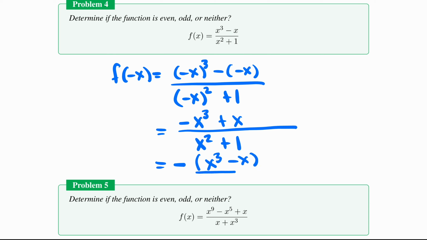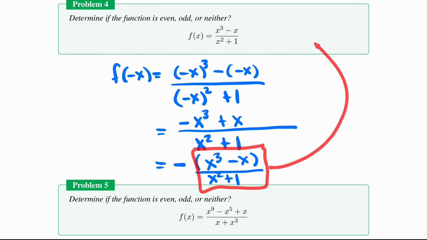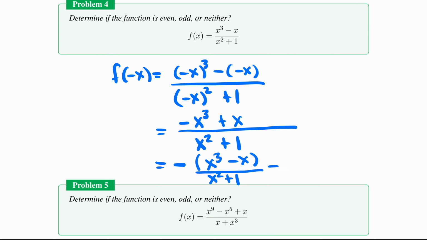And in the bottom, I'm left with the same thing. Take a look at this. This piece here is exactly that function. Therefore, what we have here is negative times f of x. This means that our function is odd.